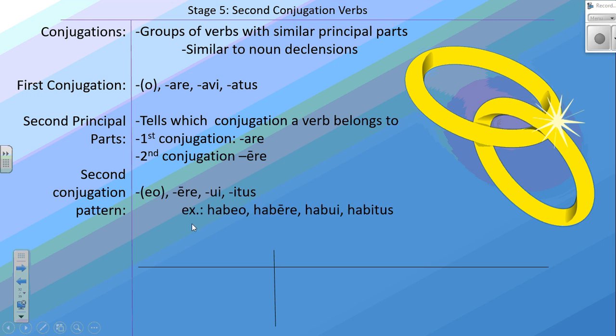So our verb that we're using as our example for second conjugation verbs is habeo. So habeo, habēre, habui, habitus. So again, you see that EO, it's a short E here, but it gets squished with the E in the ERE ending to make one long E instead of being habiere, right? Instead of having two E's there, they sort of combine to make one long E, and that's why we have that long mark.